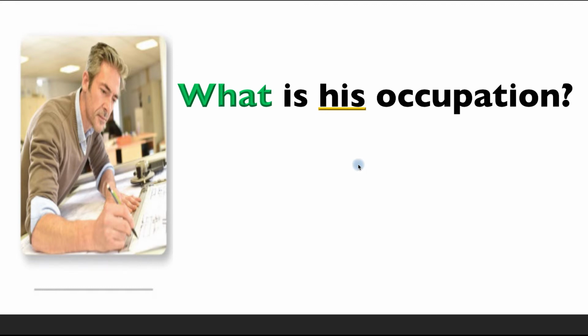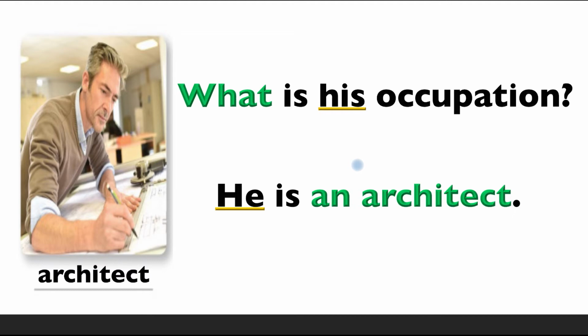Then his occupation is architect is one option, or he is an architect. Yes, same answer as before. What does he do? He is an architect. What is his occupation? He is an architect. What is his job?